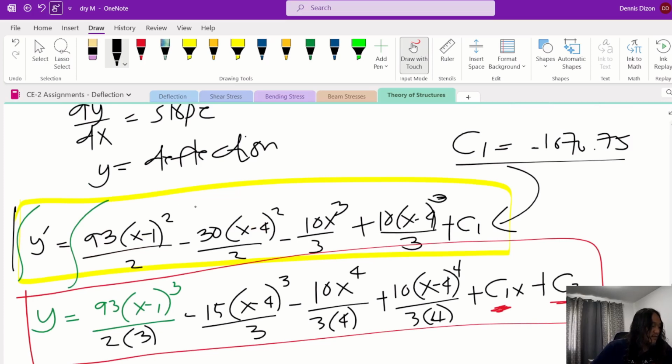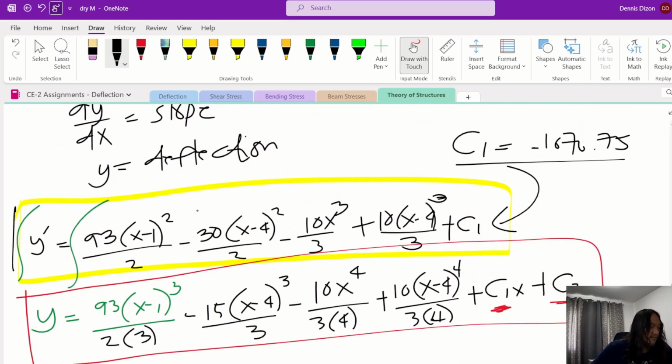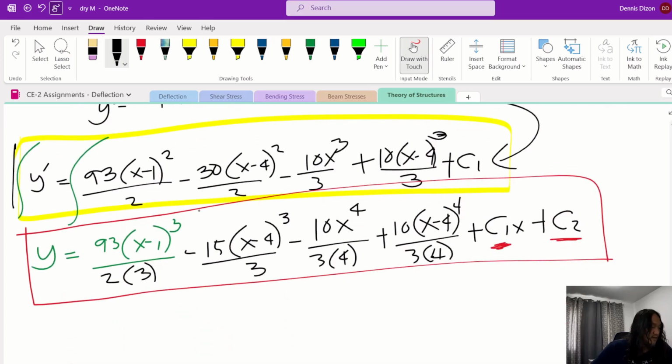So 93x squared. We will simplify this one. Now, this is a cubic equation. If your calculator can solve a cubic equation, then you can use the calculator.